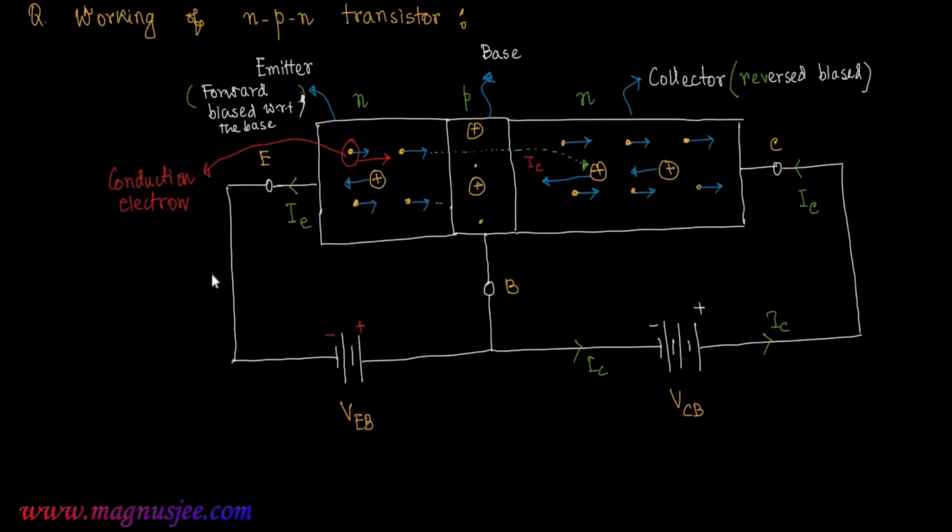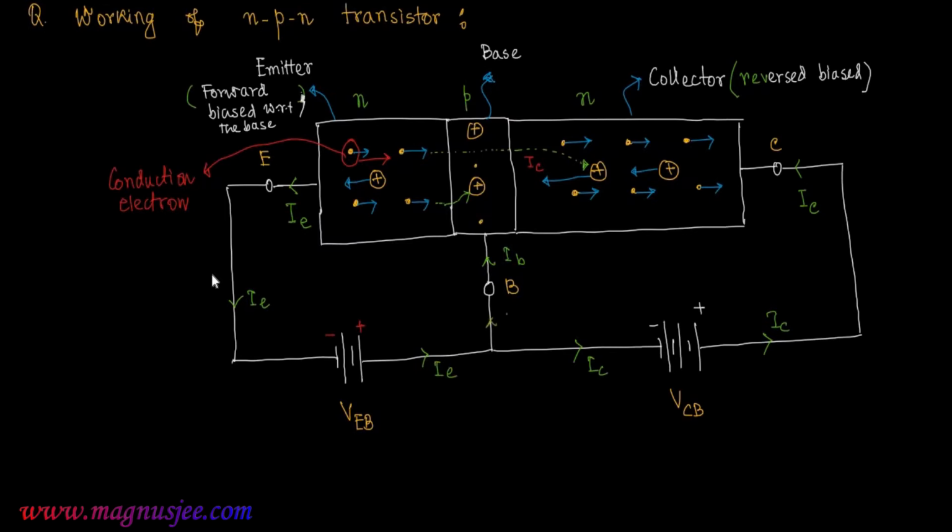And in what way will base current be produced? Say this conduction electron will neutralize this hole, producing base current IB. So base current will be flowing in what direction? Obviously, base current will be flowing towards the base, IB.